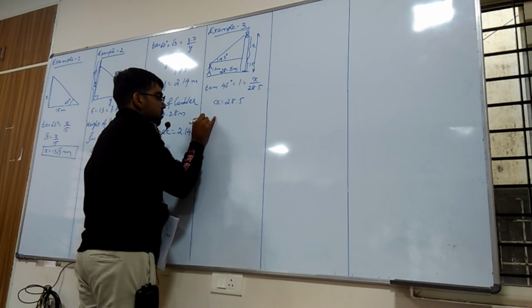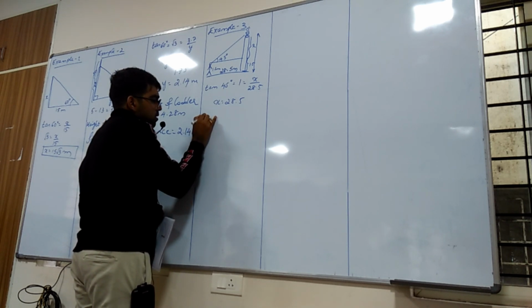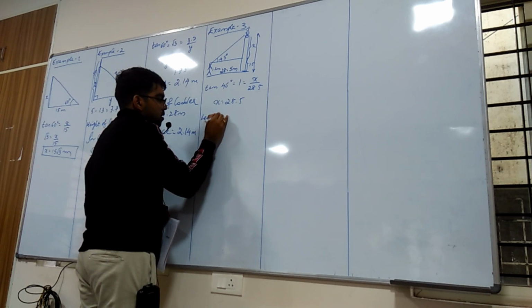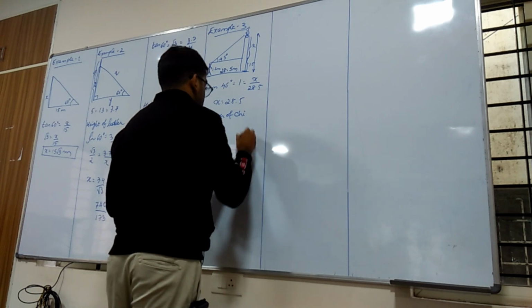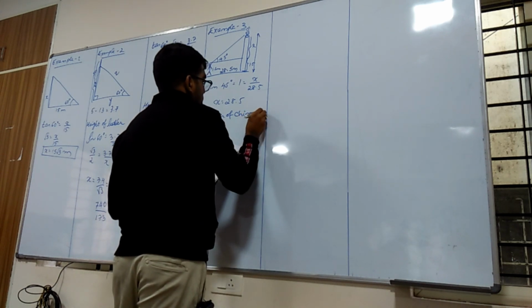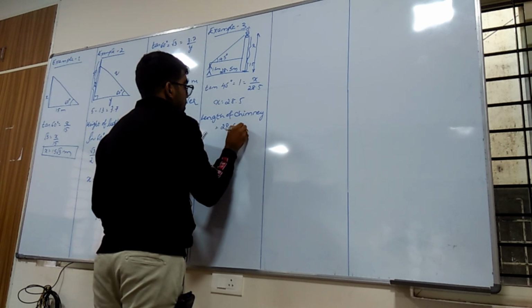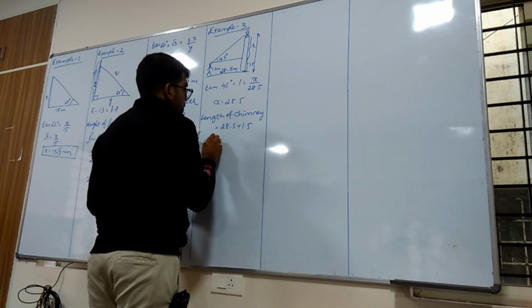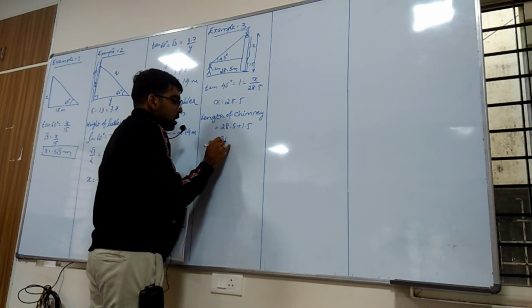So therefore the length of the chimney is 28.5 plus 1.5, which is equal to how much? 30 meters.